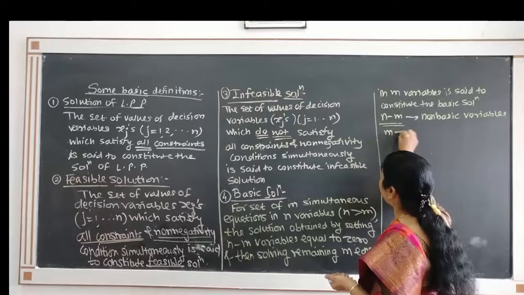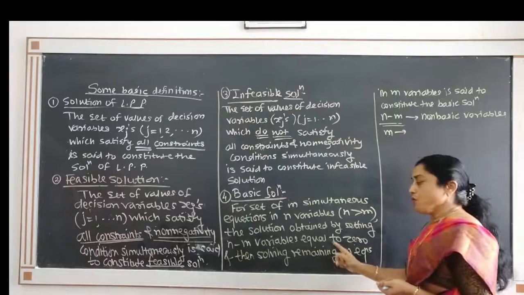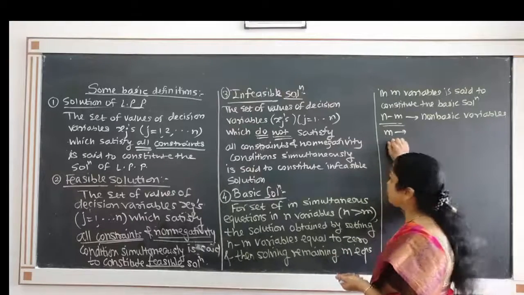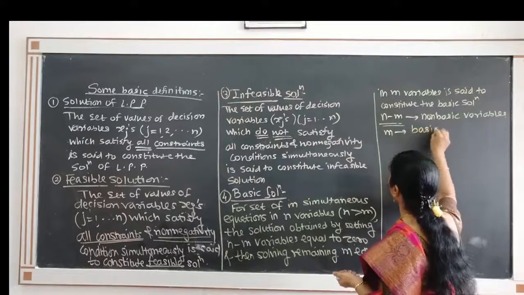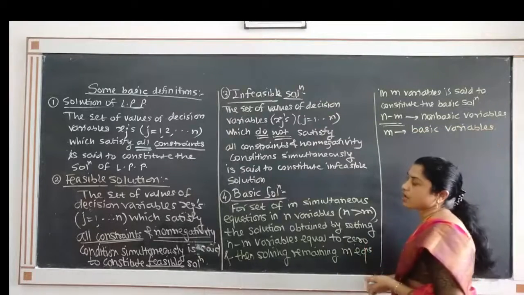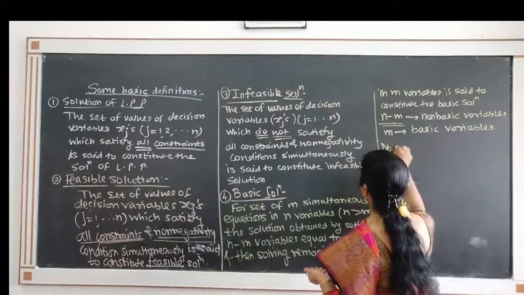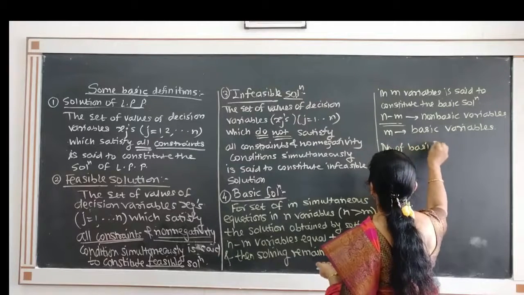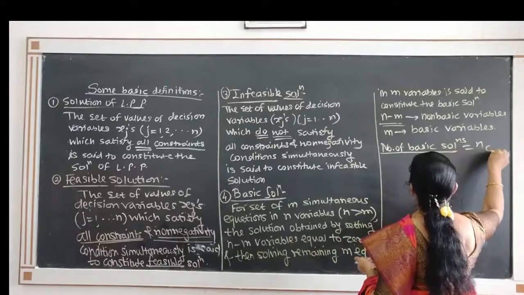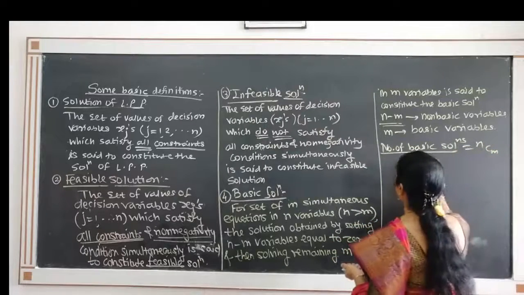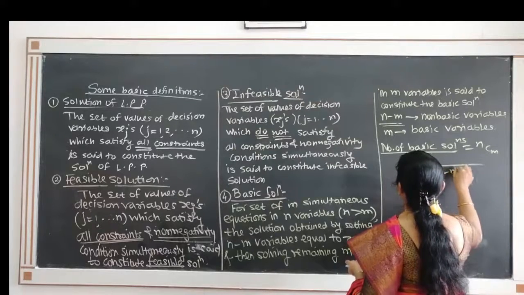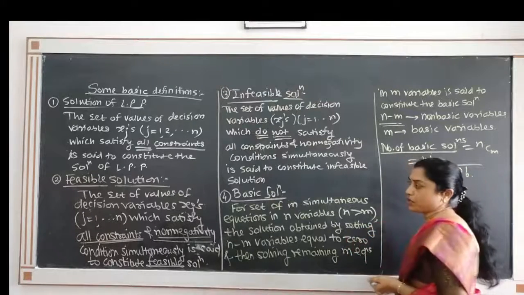Whereas the m variables for which we solve the equations, they appear in the solution and we say that those are basic variables. The number of basic solution is always equal to nCm, that is n factorial divided by m factorial into n minus m factorial.